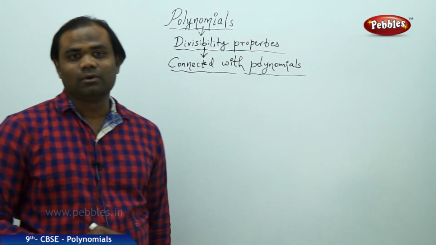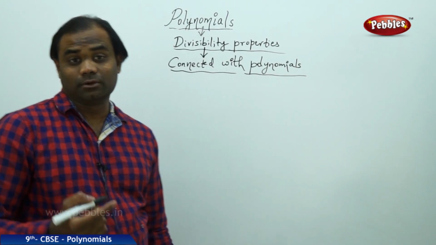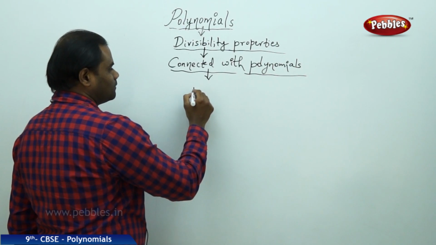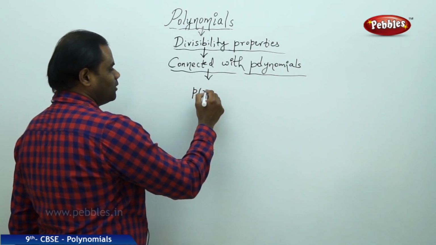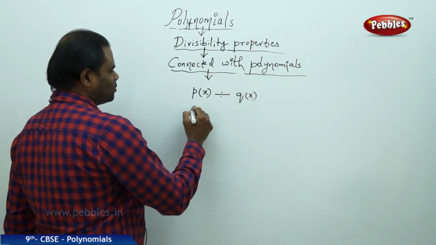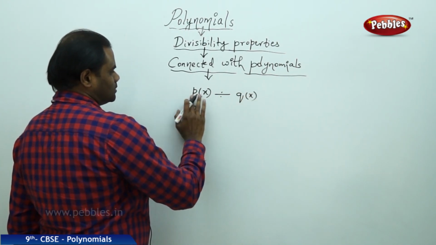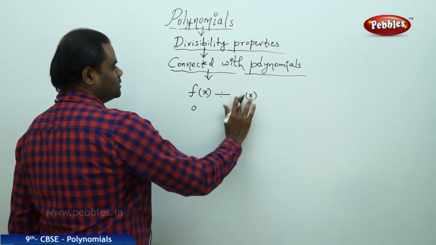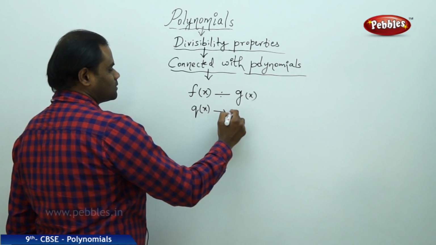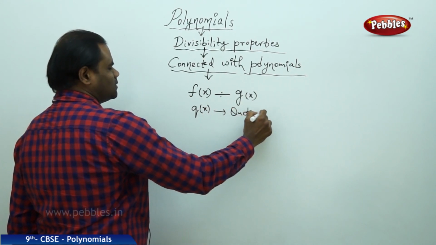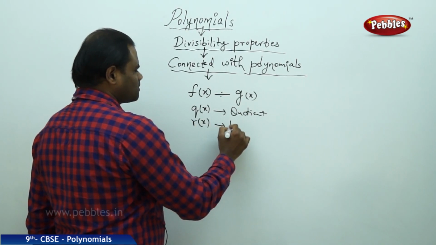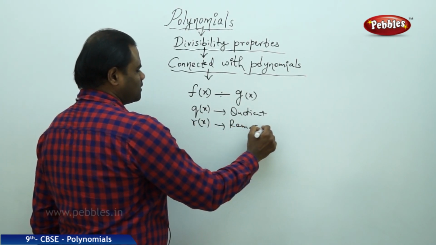So let's see how we get the divisibility property through the polynomials. Say, for example, f of x divided by g of x, the quotient is say q of x and the remainder is r of x.